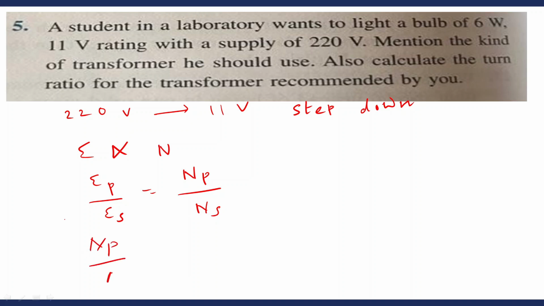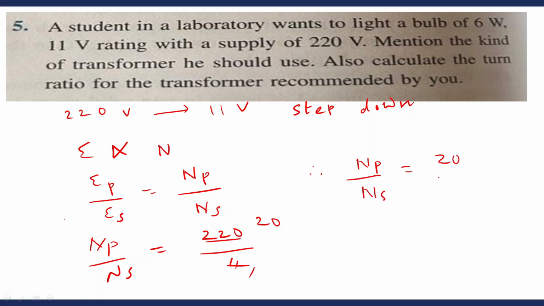Np by Ns equal to epsilon p is 220, output is 11. So 11 ones are 11, 11 twos are 22, 11 twenties are 220. Therefore the ratio of the turns of the coil Np by Ns equals 20 to 1.